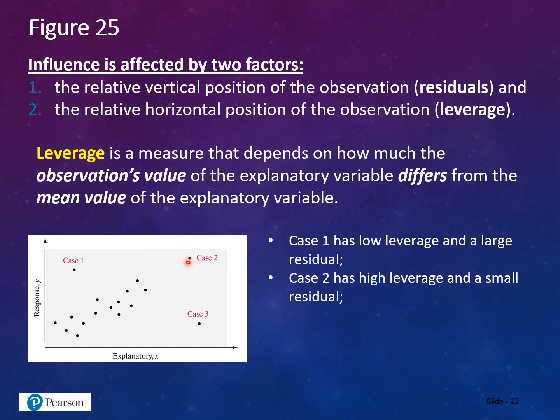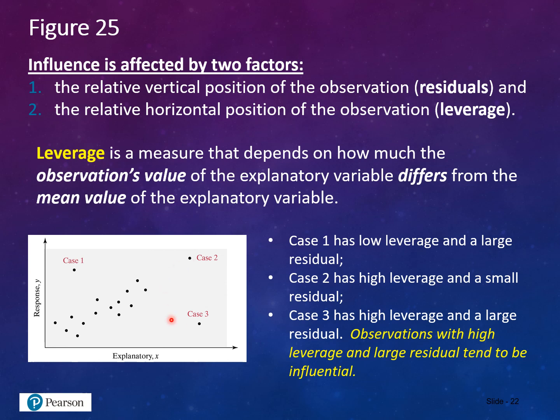And case 3 has high leverage, the horizontal position is far away, and a large residual, meaning that it's also outside of what we'd expect vertically. It's below, but still far away. Observations like case 3, with high leverage and large residual, tend to be very influential in terms of our definition.